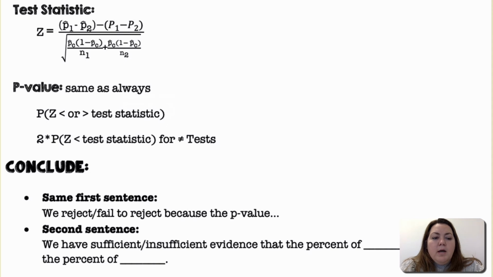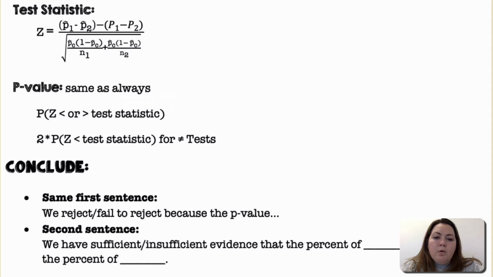My test statistic, I want to find Z is equal to P hat 1 minus P hat 2 minus P1 minus P2, which is almost always 0 because we think that they're equal, that there's no difference unless stated otherwise. And then our p-value, we find that the same way.